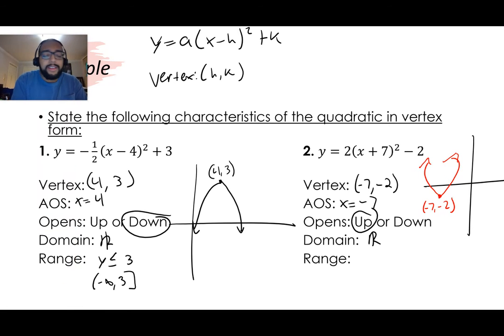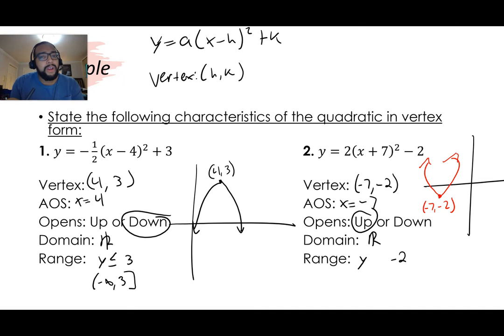And with this here, again, ask yourself, what's your biggest y value? And what's your smallest y value? In this case, my smallest y value, at my vertex, is going to be -2. I won't go below -2. Now ask yourself, if my smallest is -2, what's the biggest number I can reach?